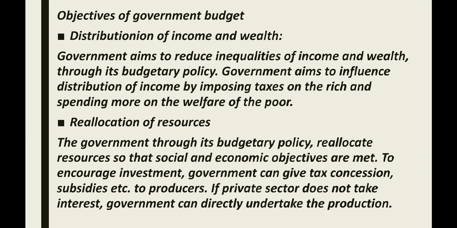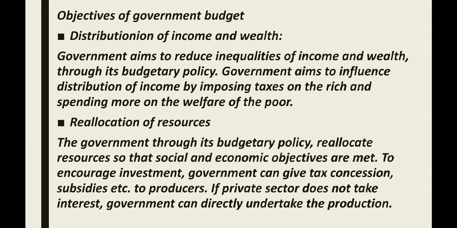Reallocation of resources. The government, through its budgetary policy, reallocates resources so that social and economic objectives are met. To encourage investment, government can give tax concession, subsidies, etc. to producers.